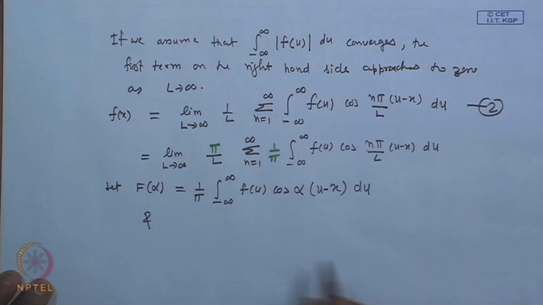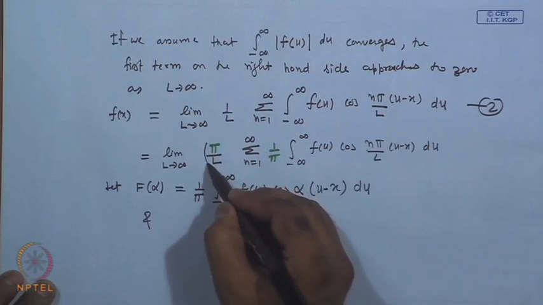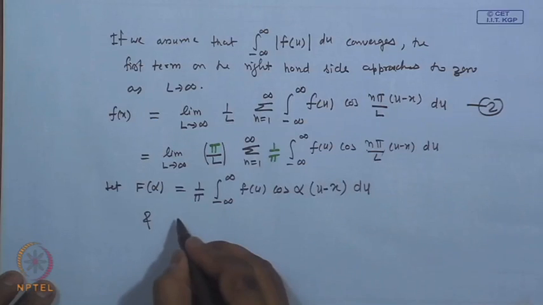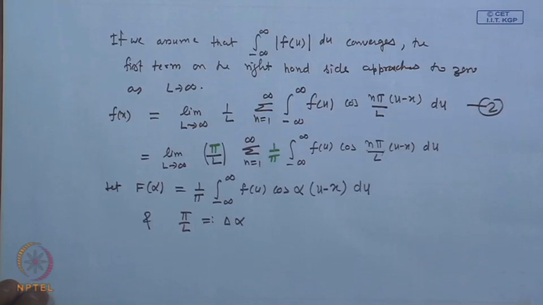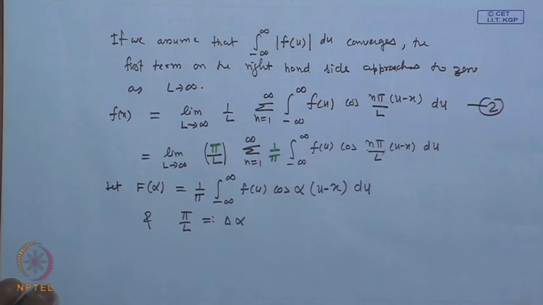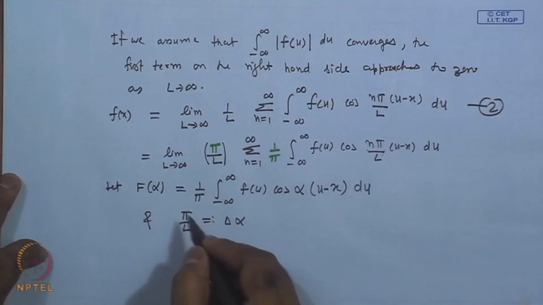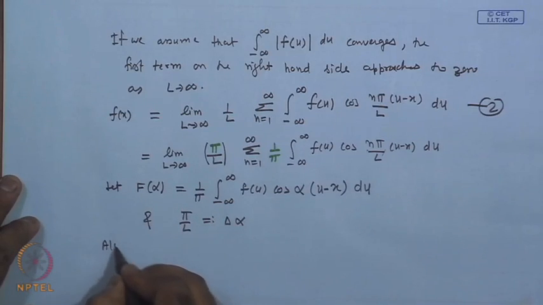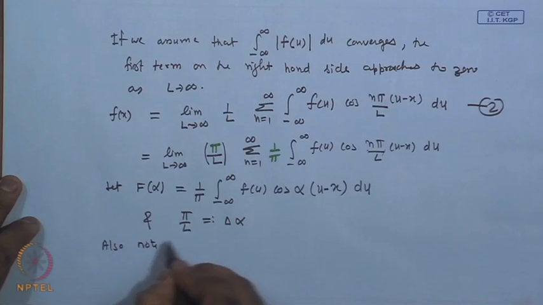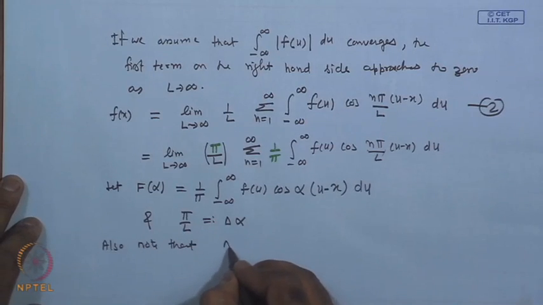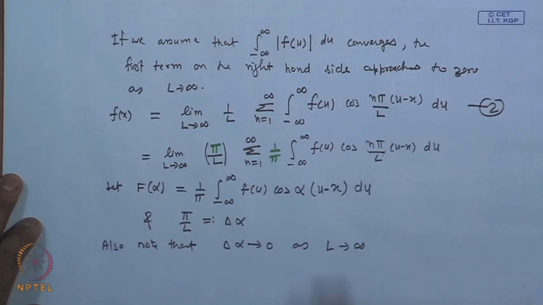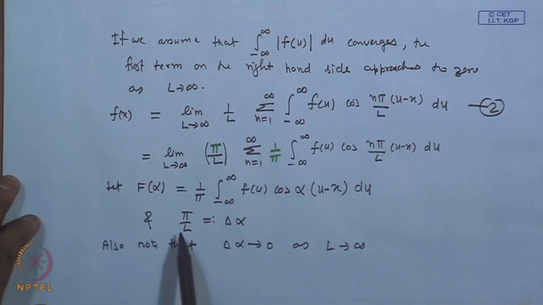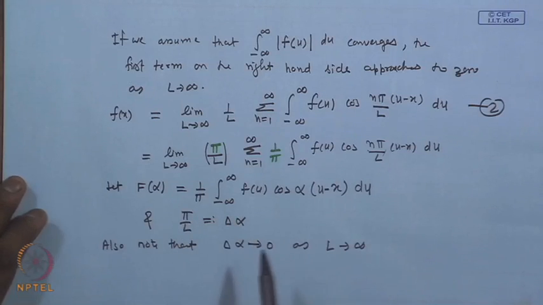Also, this π over L term which is sitting here, we take as Δα if we denote it so. We also note that this Δα approaches 0 as L approaches infinity, because we have the relation between L and Δα. So, as L approaches infinity, Δα approaches 0.